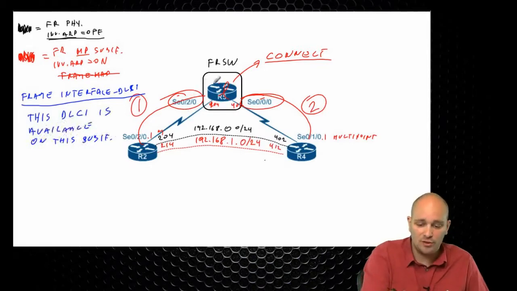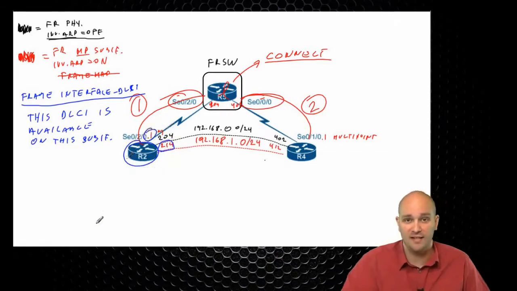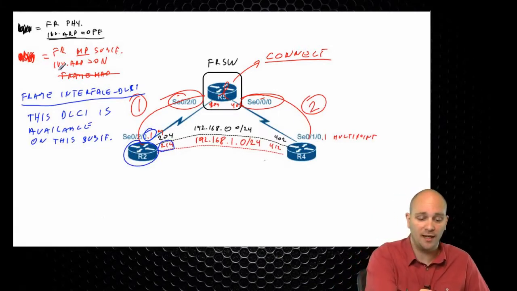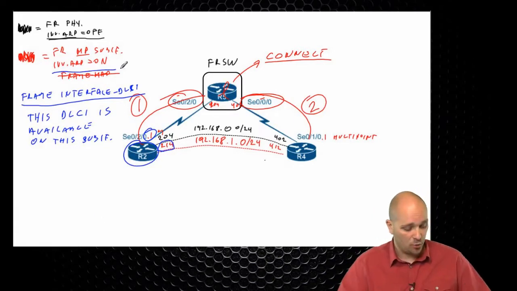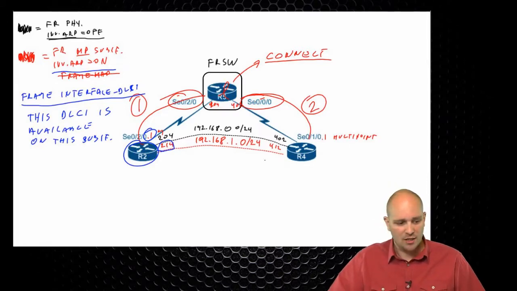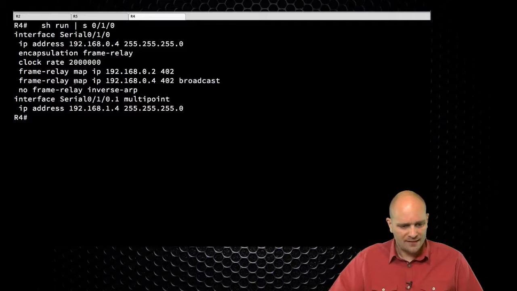I just need to tell my router R2 here that DLCI 214 is actually available on a sub-interface and not on the main interface. Then what's going to kick in is the inverse ARP, which is going to help me provide my layer 3 to layer 2 resolution. So let's go and take a look at this.